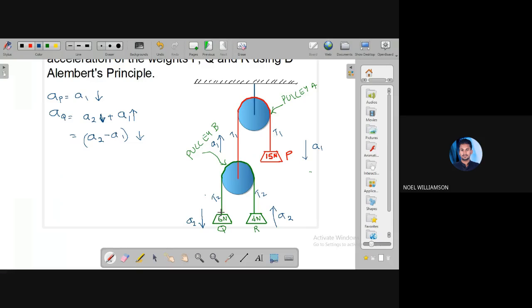Since we selected downwards, we took all downward accelerations as positive. So plus a2 minus a1, that is a2 minus a1. This is the acceleration of Q. Now the acceleration of the point R. Here R is moving upwards with an acceleration a2.